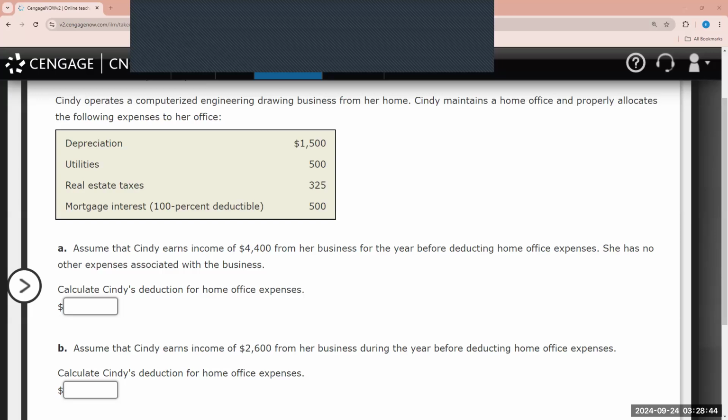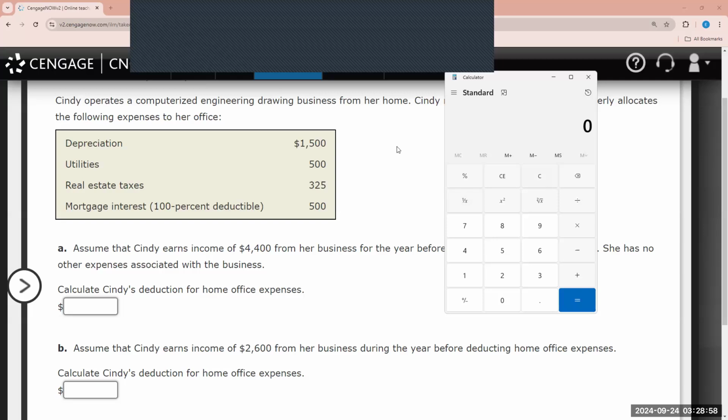So here we see in this example, we will calculate the total. So 1,500 for depreciation, 500 for utilities, 325 for real estate taxes, and $500 for mortgage interest.